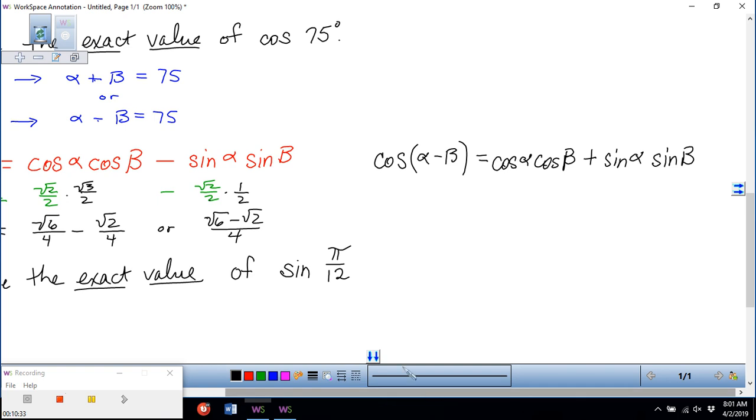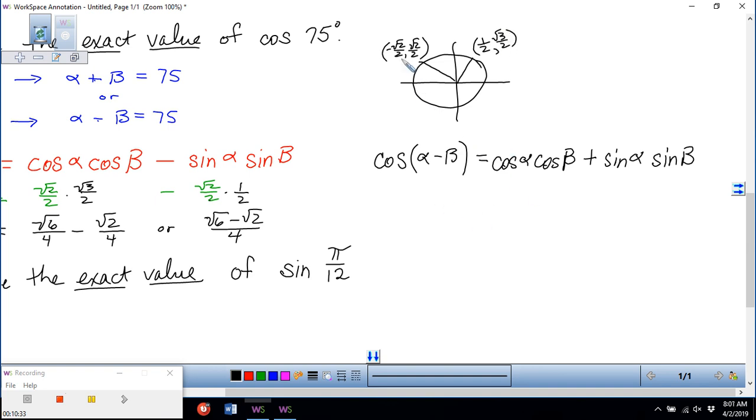And if we use our unit circle that we were working with earlier, 135 degrees is over here in the second quadrant. My ordered pair for 135 degrees is negative radical 2 over 2, comma, radical 2 over 2. And 60 degrees is still in the first quadrant, and that ordered pair is 1/2, comma, radical 3 over 2.